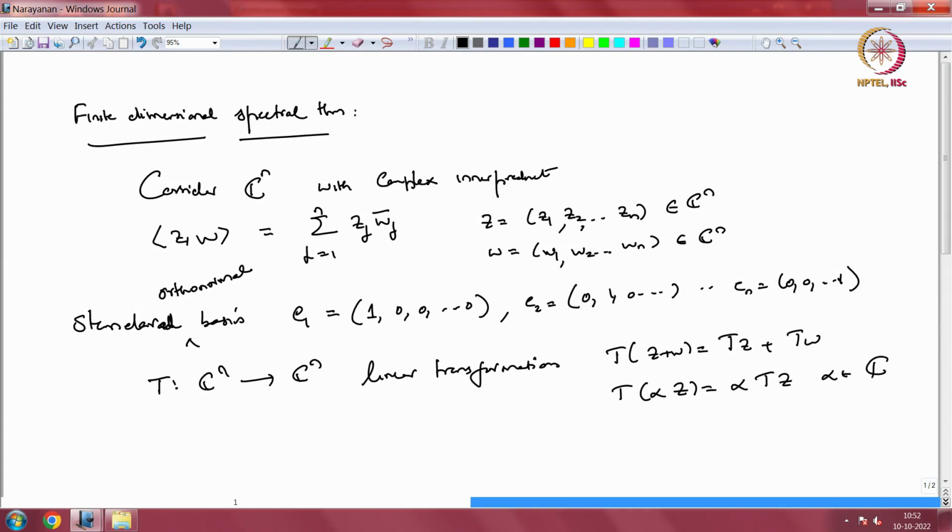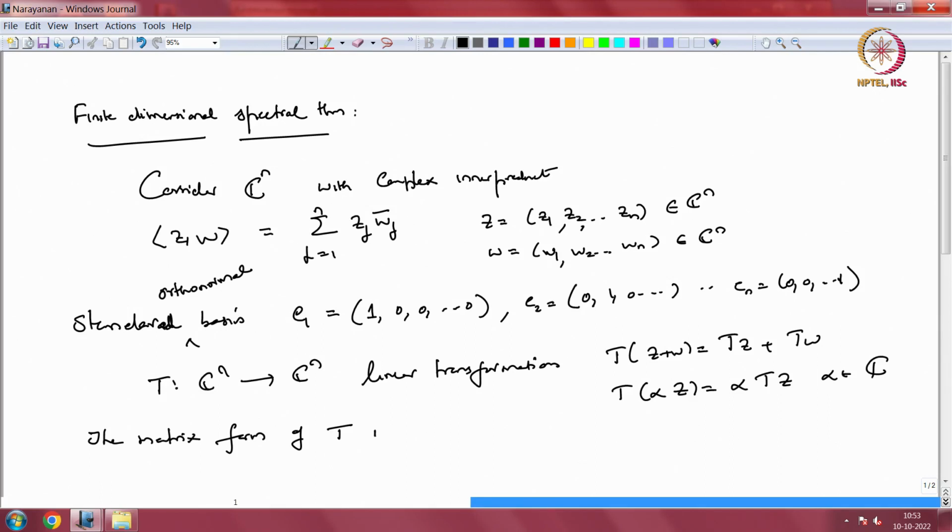And the T, you can apply the matrix form, right. So, the matrix form of T is obtained by applying T to this standard orthonormal basis e1 to en and writing them as columns, right.